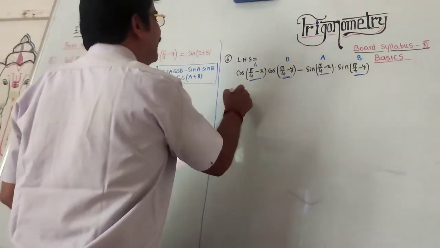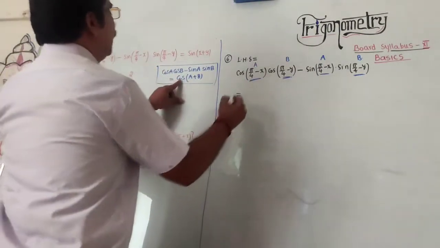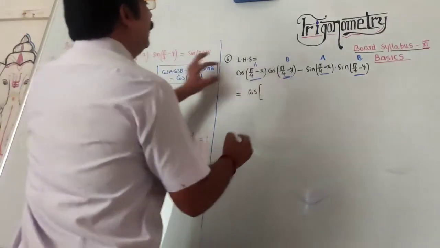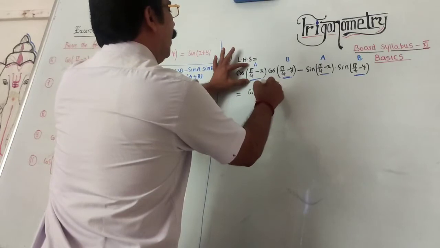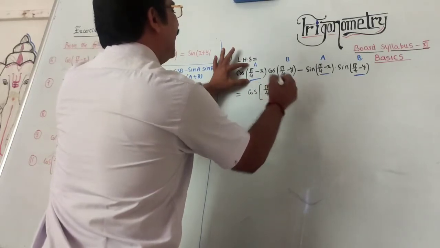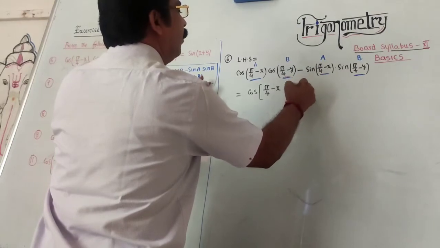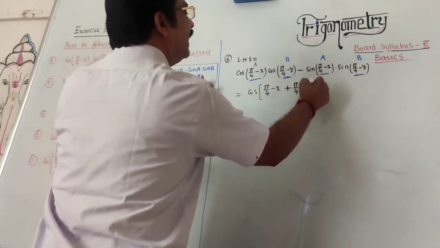So, according to this formula, that is equal to cos of A + B, where A is pi/4 - x and B is pi/4 - y.